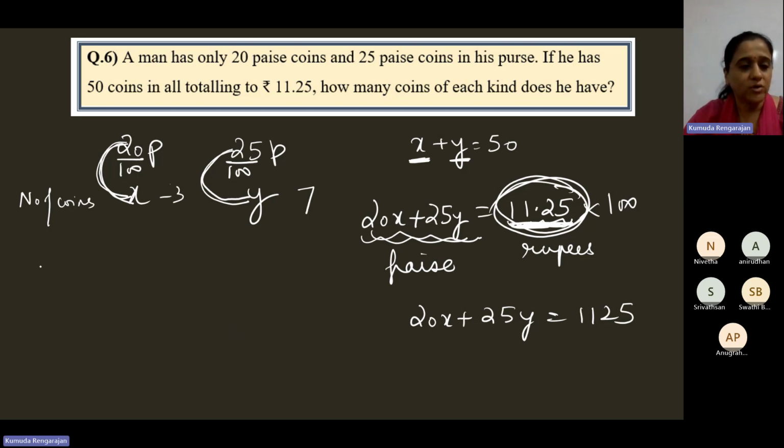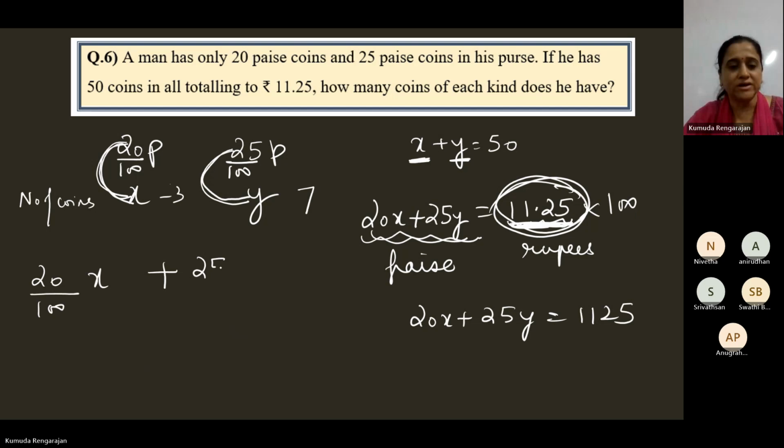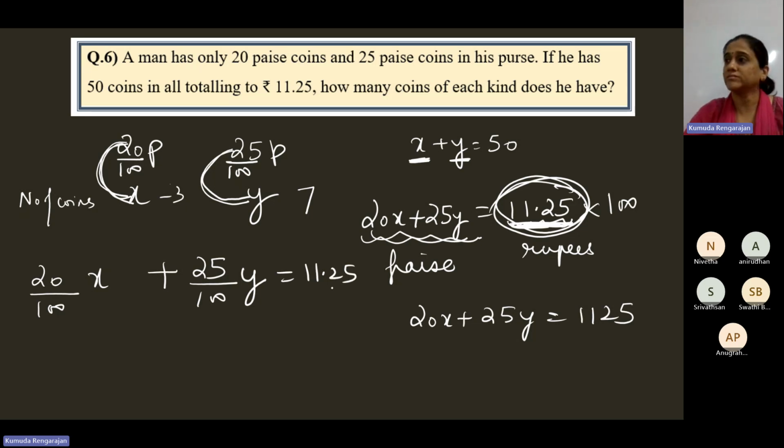So you write 20 by 100, which is rupees now, into x, plus 25 by 100, which is paise converted to rupees, into the number of coins y. So this is in rupees, this also is in rupees. Then you can write is equal to 11.25.